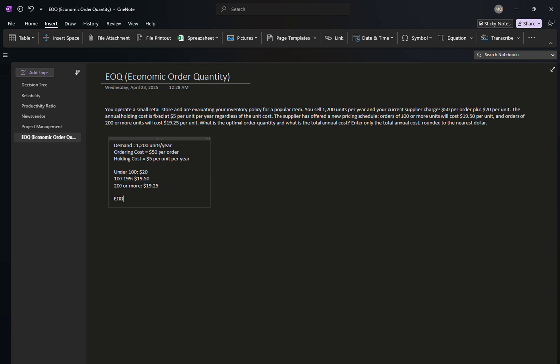The EOQ formula is equal to the square root of 2DS divided by H. So that equals the square root of 2 times 1,200 times 50 divided by 5.